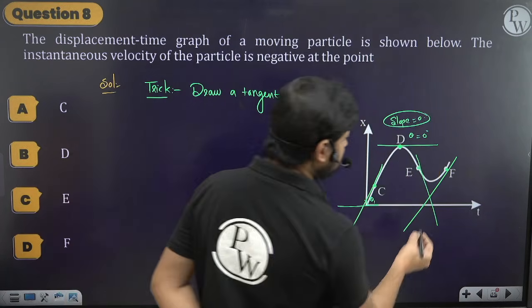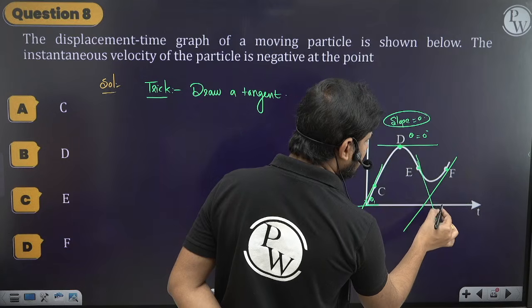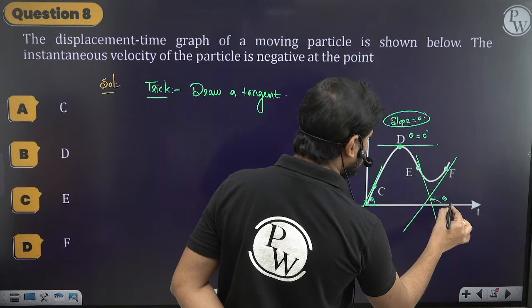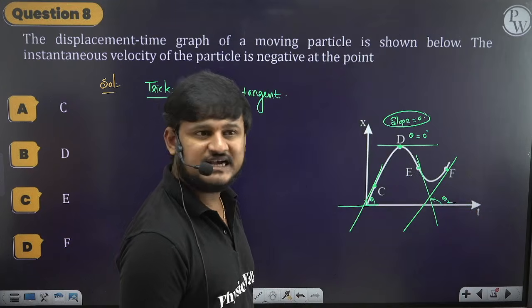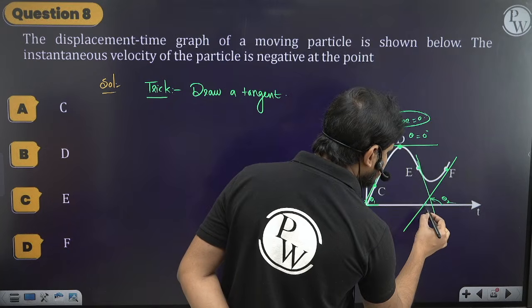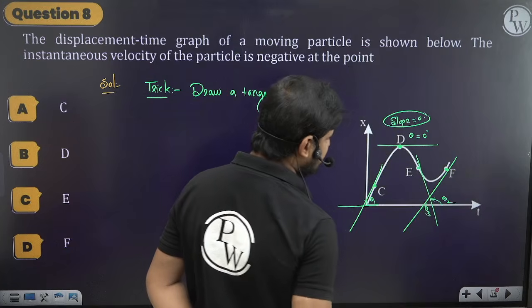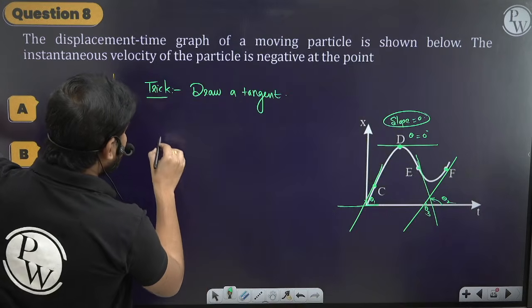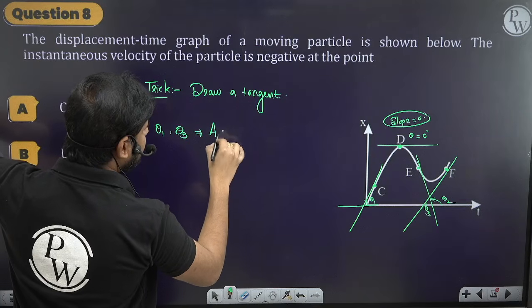Then at point E, if you observe, let it be theta 2. The angle is greater than 90 degrees. And at point F, let it be theta 3, which is an acute angle. So theta 1 and theta 3 are acute.